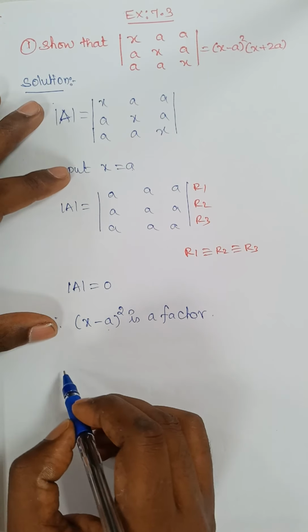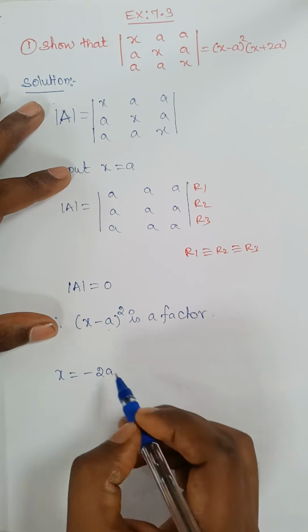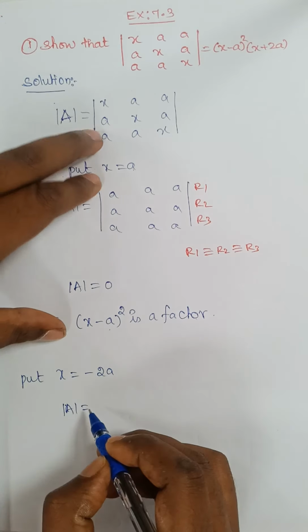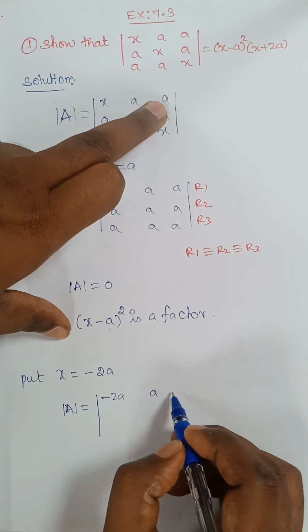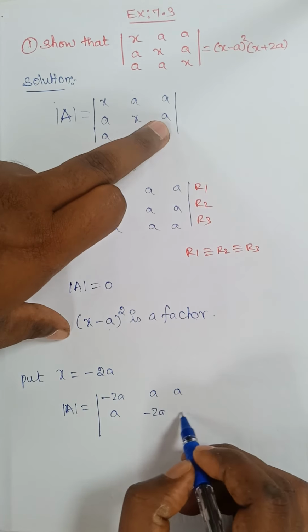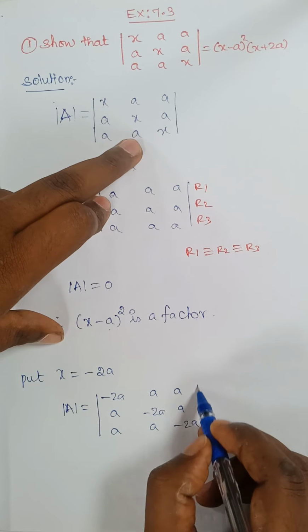Next, I'm going to substitute x equal to minus 2a. So delta is equal to the determinant of minus 2a, a, a; a, minus 2a, a; and a, a, minus 2a.